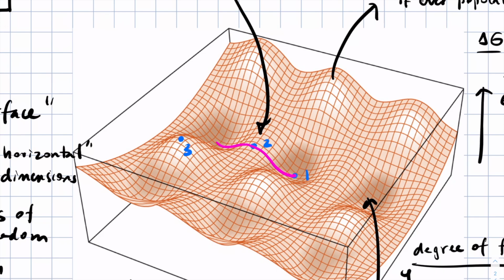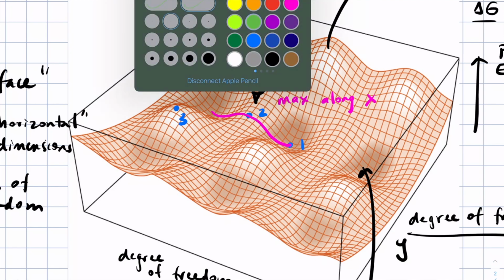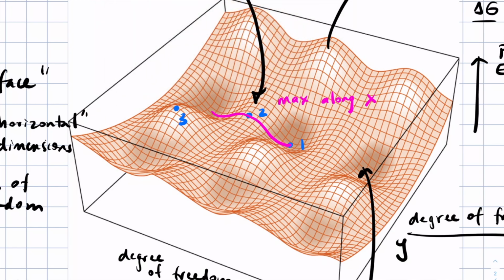So point 2 is a max along the X coordinate. But if you look at the Y coordinate, which we'll represent with this green line, it's actually at a minimum. The curve slopes up from that point. Okay?